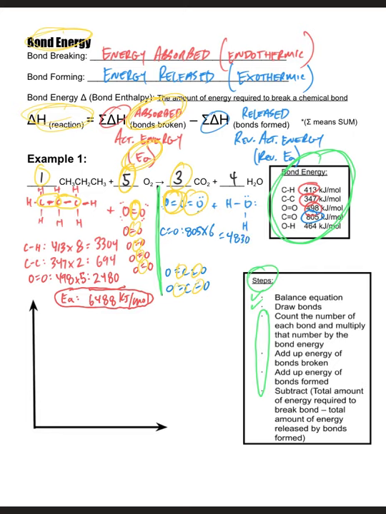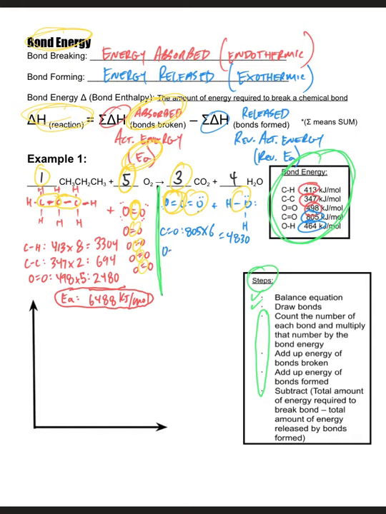4,830 kilojoules per mole. Now I move on to my other product, and the other product is water, or H2O. And the type of bond that is present in that molecule is an O bonded to an H, or hydrogen bonded to oxygen. And the amount of energy involved in that bond is 464 kilojoules per mole.